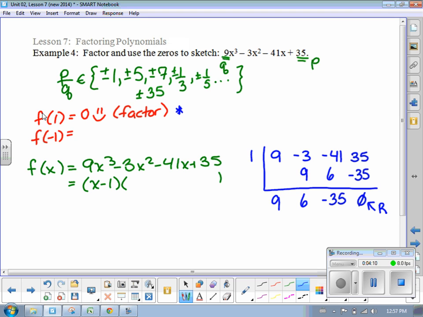So if you don't get 0 as the remainder, you need to go back and double check your synthetic division and double check what you did over here. So you want to make sure that that matches up. That makes us happy if you get 0 as the remainder, because it means you did the previous step correctly. Once you figure out your synthetic division, you're going to come back and write it with your original equation.